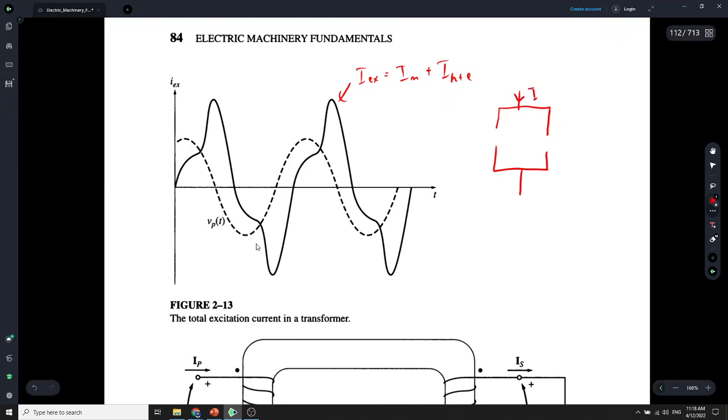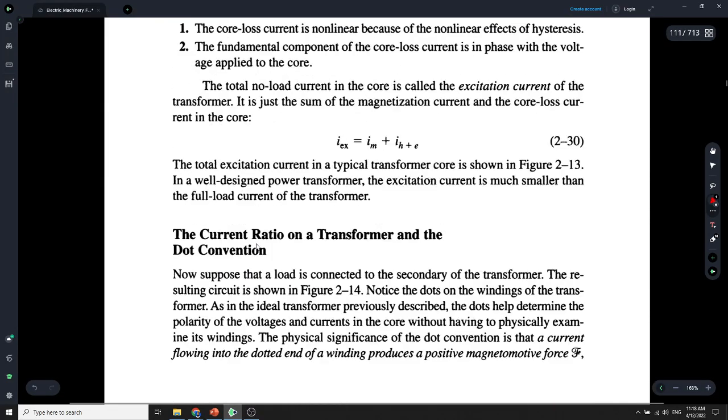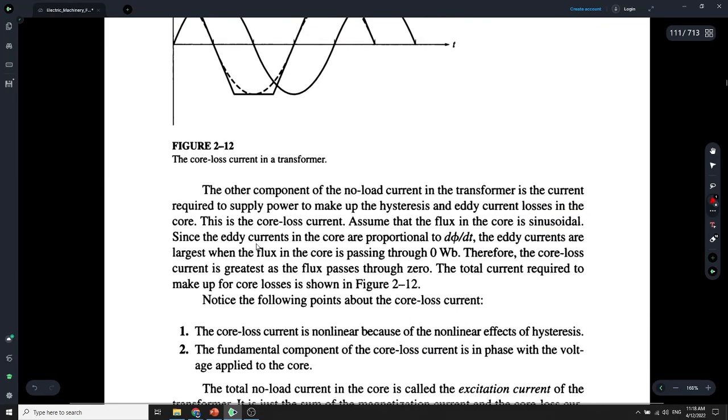This is the excitation current I, this one is Im, and this one is IH plus E. Then we can multiply with the component. To know the component, we need to separate them, so we need to go to the detailed current graph.